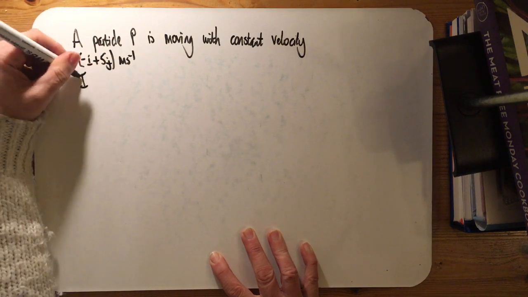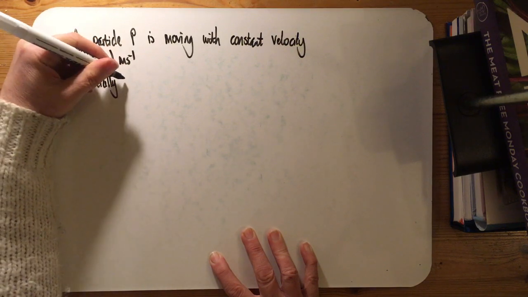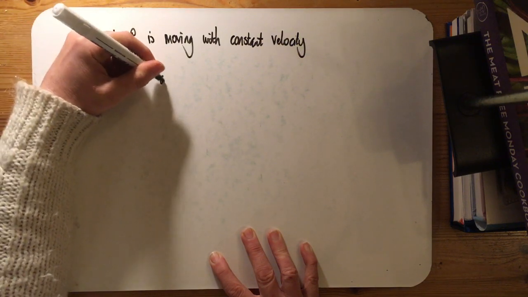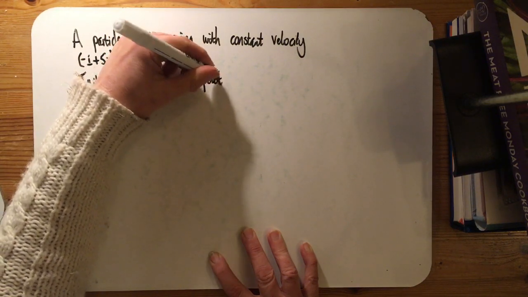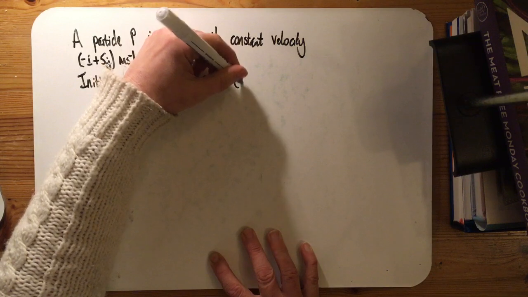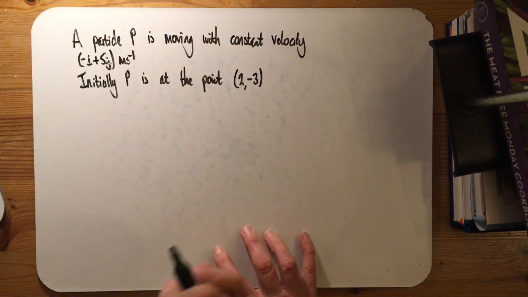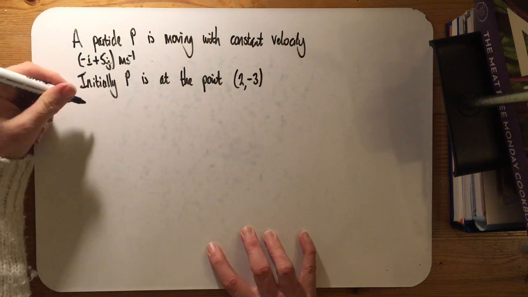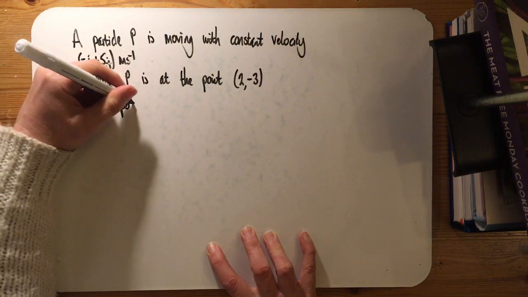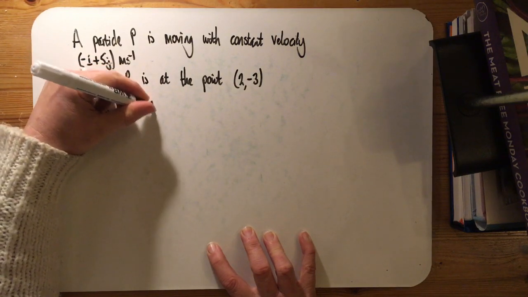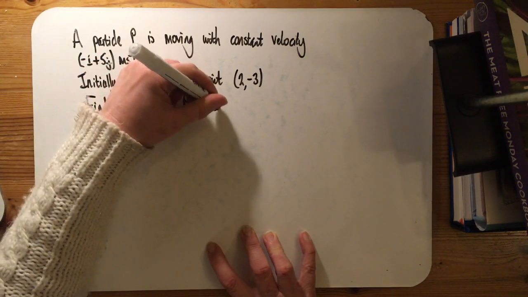And initially, P is at the point (2, -3). So at the beginning of its motion, P is at the point (2, -3). And we want to find the position of P when t equals 4.